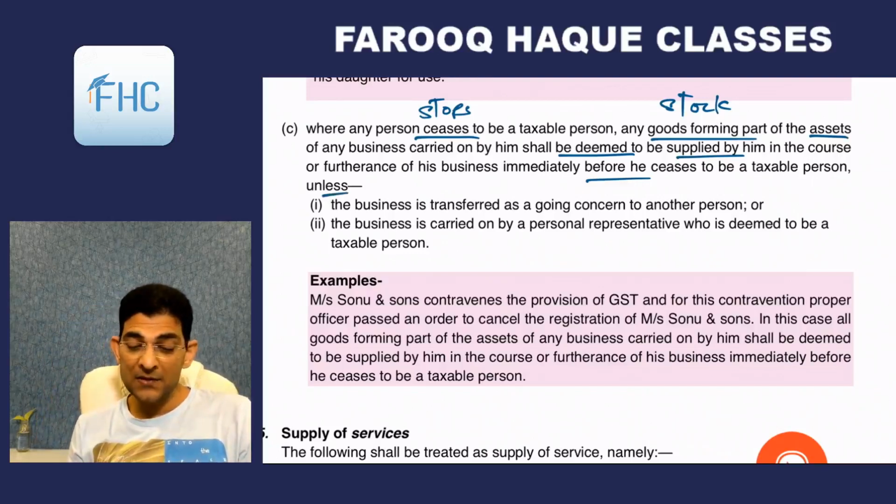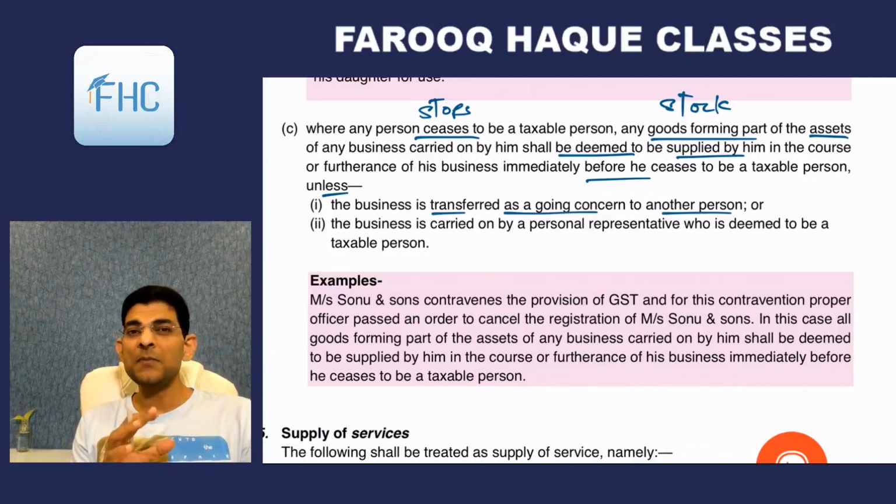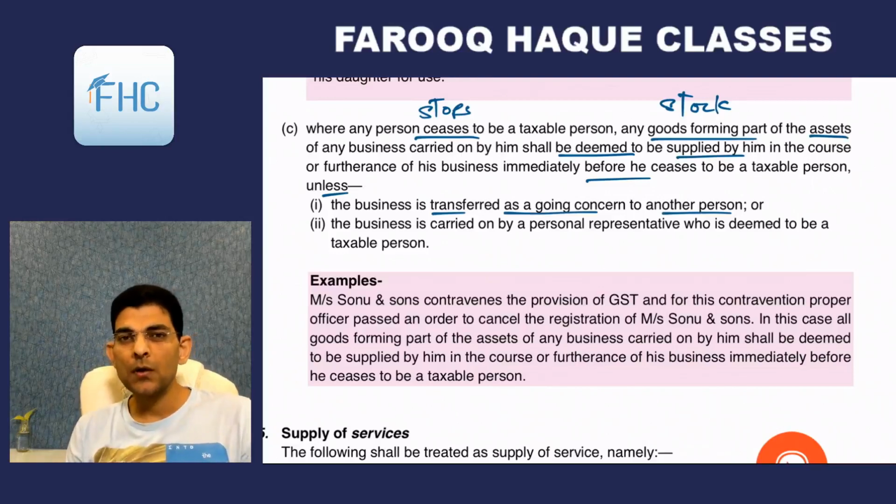One, the business is transferred as a going concern to another person. If I transfer my business as a going concern to you, for example, I'm selling off my business to you, then you will be taxable now. When you supply these goods later on, you will be taxable. So in that case, I will not be taxed.